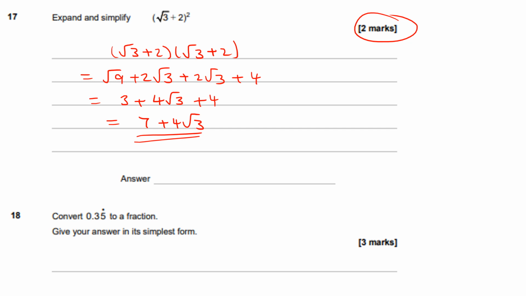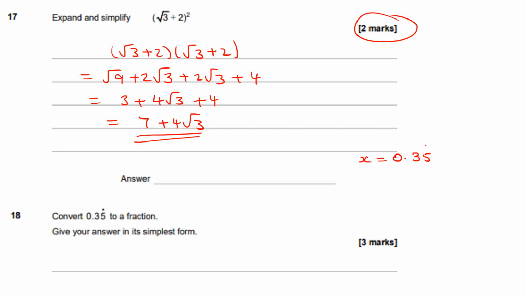Well, the next question, this is recurring decimal, where we are going to be converting into a fraction. I'm going to start writing from up here so I have some space. So we know x is going to be equal to 0.35 recurring. The whole point is to make sure that this recurring decimal place is on the left hand side of your decimal point, so that when you subtract them you will be able to eliminate and simplify.